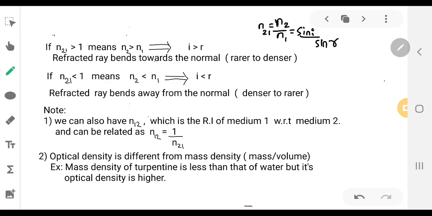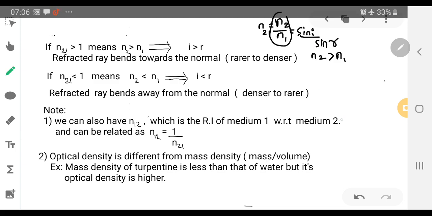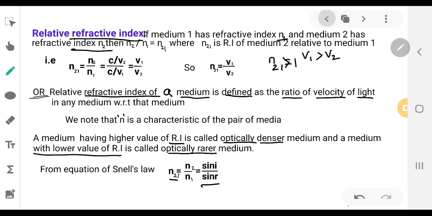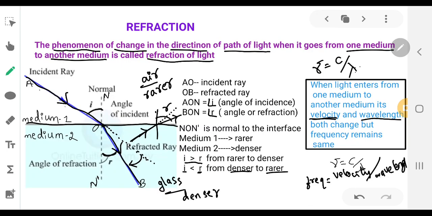ಒಂದು ವೇಳೆ N2 ವ್ಯಾಲ್ಯೂ ಜಾಸ್ತಿ ಇತ್ತು, N1 ಕಡಿಮೆ ಇತ್ತು ಅಂದ್ರೆ, N2 ವ್ಯಾಲ್ಯೂ N1 ಕಿಂತ ಜಾಸ್ತಿ ಇತ್ತು ಅಂತಂದ್ರೆ ನ್ಯೂಮರೇಟರ್ ವಿಲ್ ಬಿ ಮೋರ್. ಸೊ ವೆನ್ ನ್ಯೂಮರೇಟರ್ ಇಸ್ ಮೋರ್, ಟು ಇಕ್ವೇಟ್ ದಟ್ sin I ಜಾಸ್ತಿ ಇರಬೇಕು. sin I ಜಾಸ್ತಿ ಇರಬೇಕು ಅಂದ್ರೆ I is greater than R. ಸೊ I is greater than R ಅಂತ ಯಾವಾಗ ಹೇಳ್ತೀವಿ ನಾವು? rarer to denser ಹೊಂಟಾಗ.